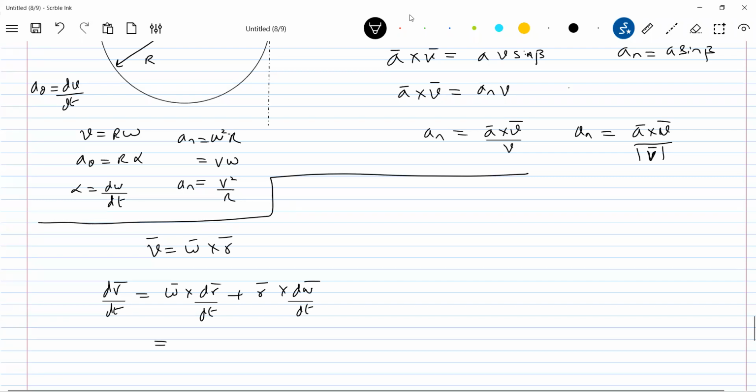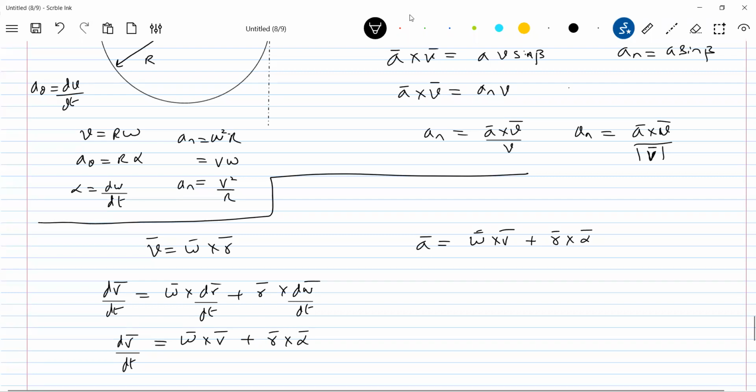Tell me, what is dr by dt? You can write it v bar. And what is d omega by dt? Just now I wrote it alpha bar. What is dv bar by dt? Total acceleration vector. So omega cross v plus r bar cross alpha bar.